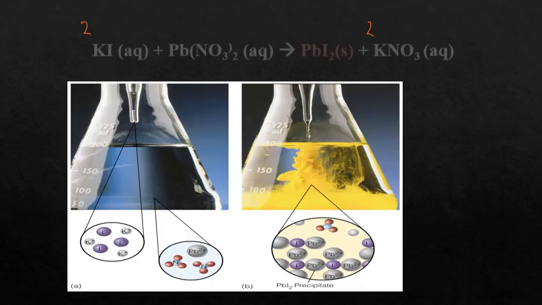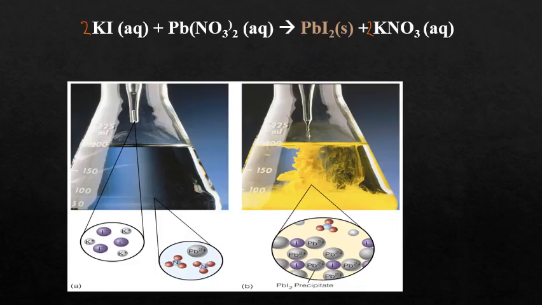So going back to this equation here, let us see how to write the net ionic equation for this one. You can see the particle diagram. In the particle diagram, it is showing potassium iodide coming from the pipette here, which is actually magnified here. The ions are magnified.